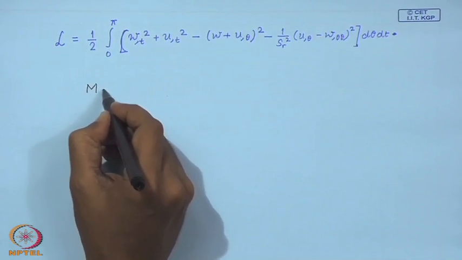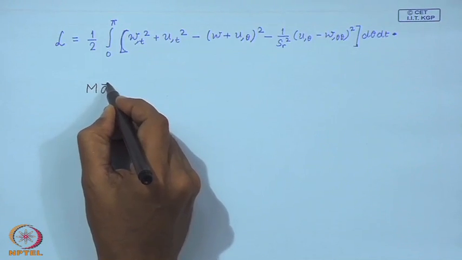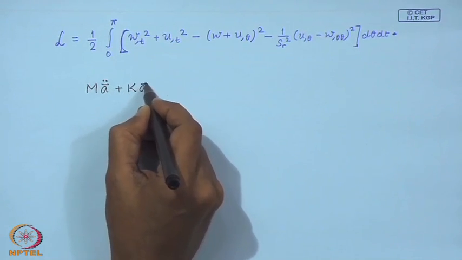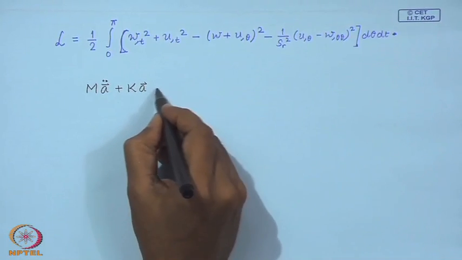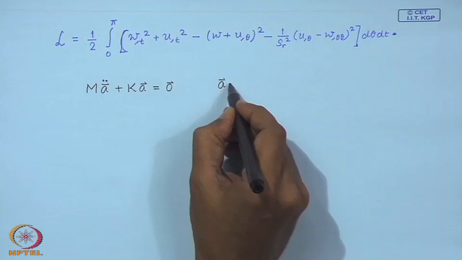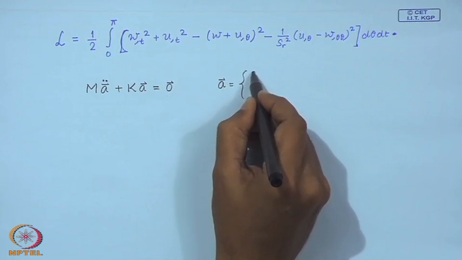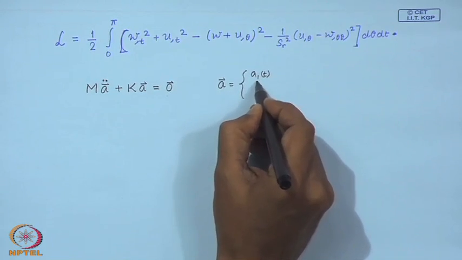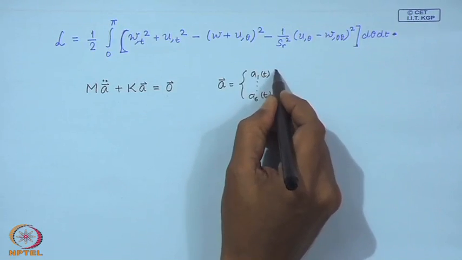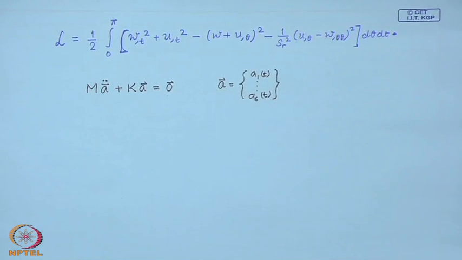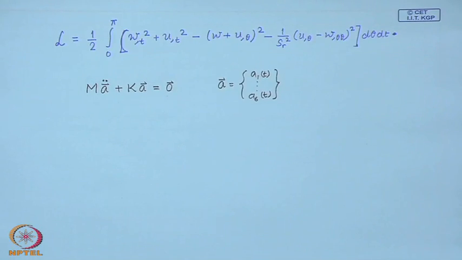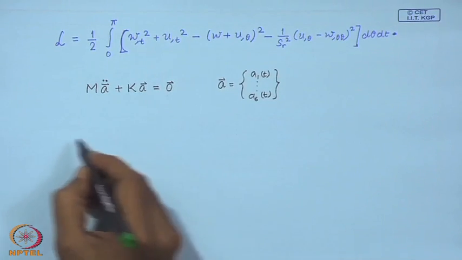So, we will obtain, where this vector a is a1 to a6, and we can perform the modal analysis and obtain the circular eigenfrequencies.